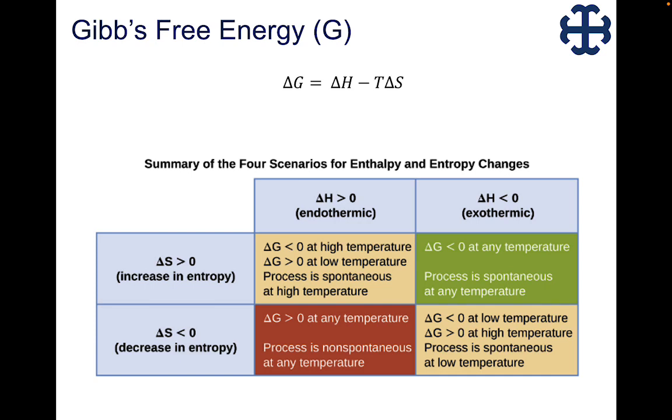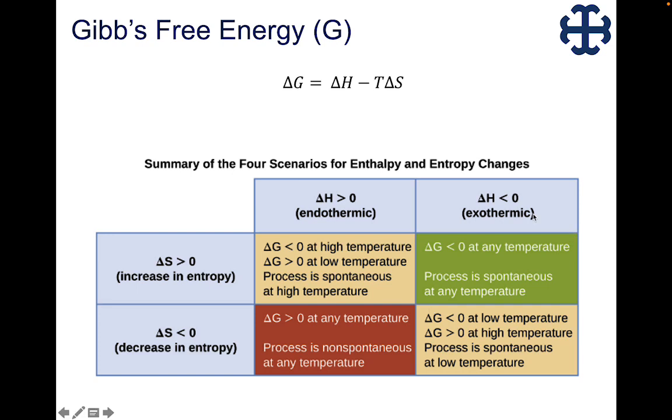Okay, and so I find this table to be very handy. Essentially, all we're comparing on the top here is our enthalpies, if it's endothermic or exothermic. And then on the left side here, comparing our entropy, whether we have an increase or a decrease in entropy. And this basically just tells us whether or not a process is going to be exergonic.